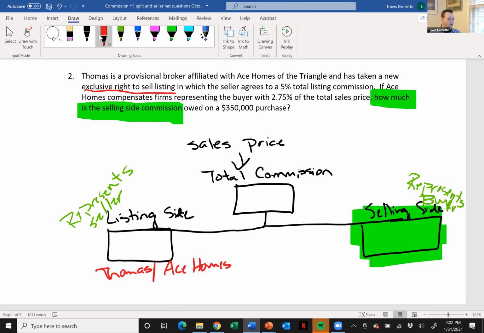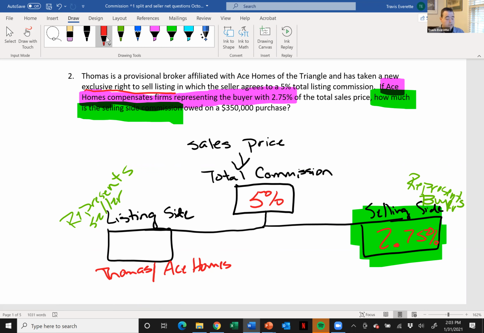If Ace Homes compensates firms representing the buyer. Look at that verbiage. Ace Homes, which we know is the listing firm, compensates firms representing the buyer with 2.75%. So that 2.75% is going over here on the selling side, because Ace Homes is on the listing side and they're paying or compensating or sharing 2.75%.